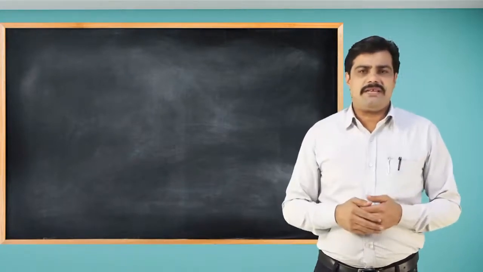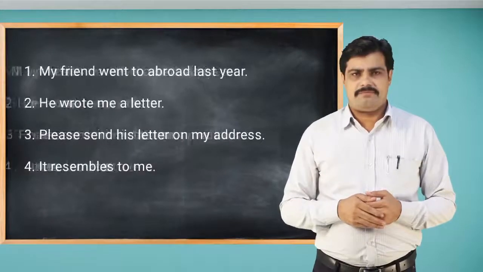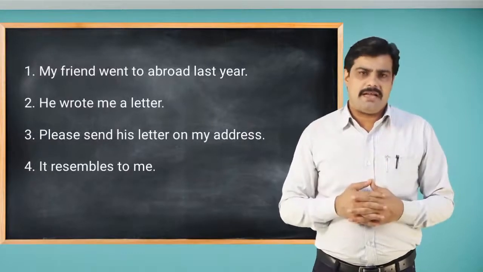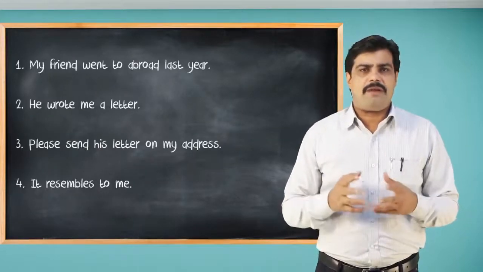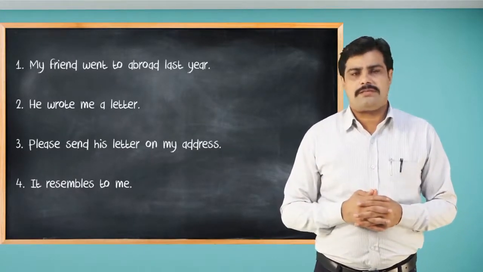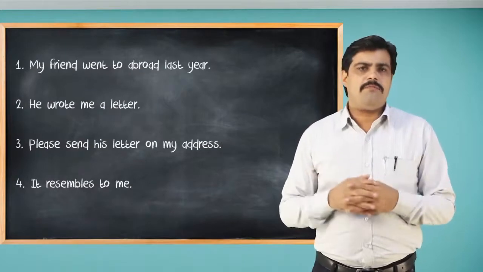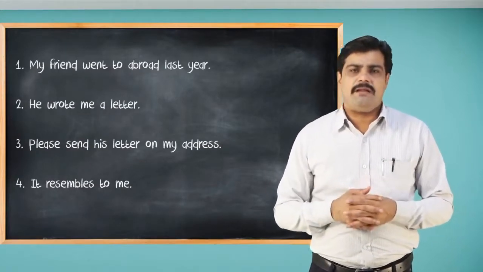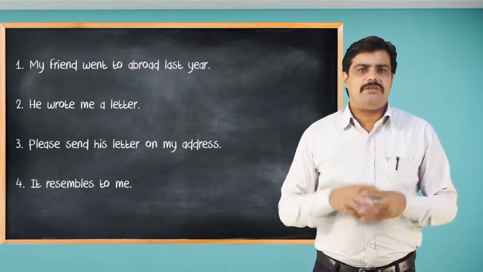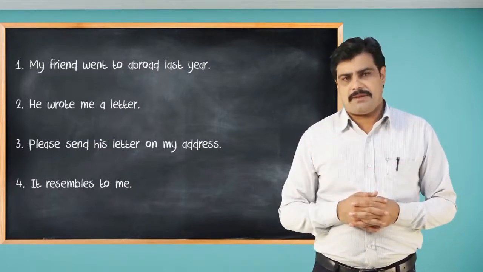Here are some of the sentences given on the screen. Let's analyze them. Let's take the first sentence. My friend went to abroad last year. He wrote me a letter. Please send this letter on my email address. It resembles to me.